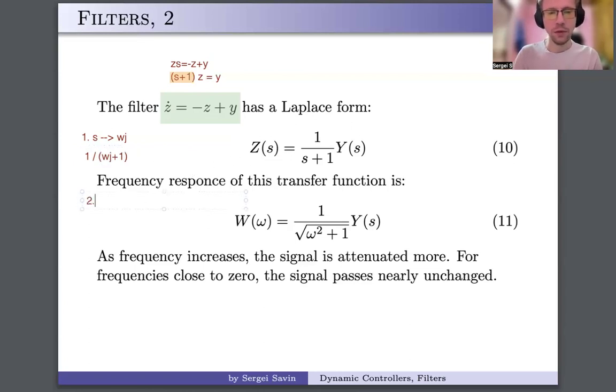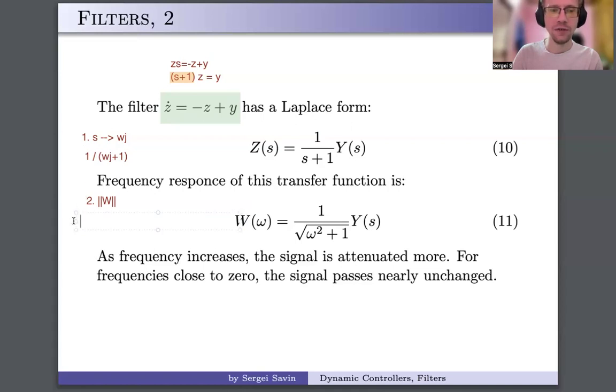Step number 2, compute the absolute value of the resulting transfer function. That is basically your attenuation. How do we compute the absolute value of 1 divided by omega j plus 1? We multiply both sides by the conjugate pair to omega j plus 1.